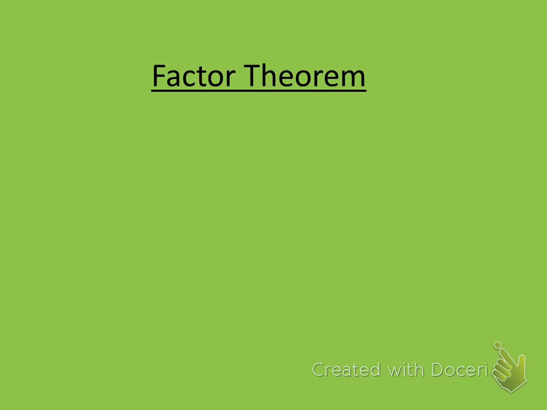So, to show this in an example form, instead of just trying to explain it, we're going to take this one right here. 2x cubed minus 3x squared minus 17x plus 30 divided by x plus 3.